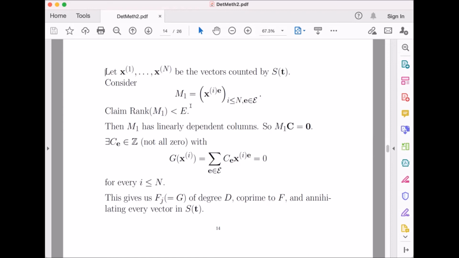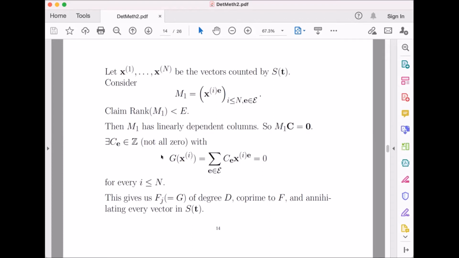Now, if we can prove that, there will be a non-zero vector C such that M_1 C is equal to 0. It's a principle we saw yesterday. And this capital C can be constructed out of the various subdeterminants of M_1. So this capital C will have entries c_e, not all 0, with the property M_1 C is equal to 0, and that means that the sum of c_e times the monomial x_i to the e vanishes for each of these x_i's.